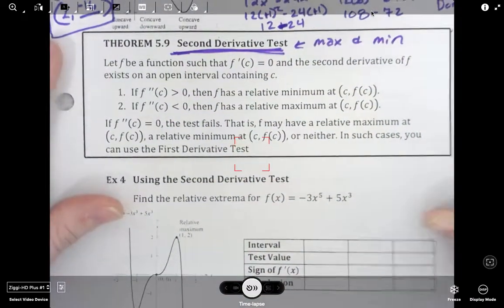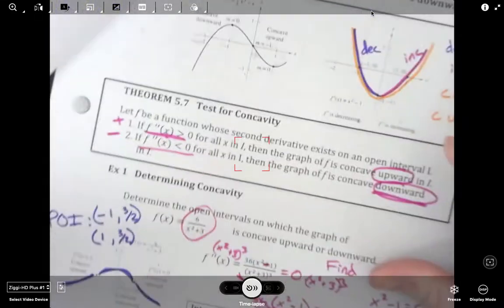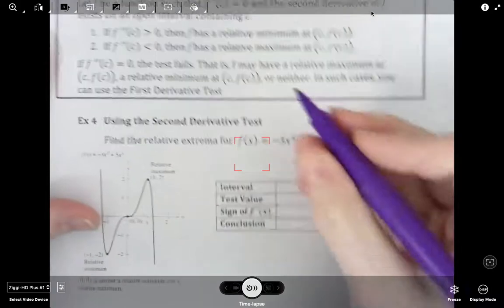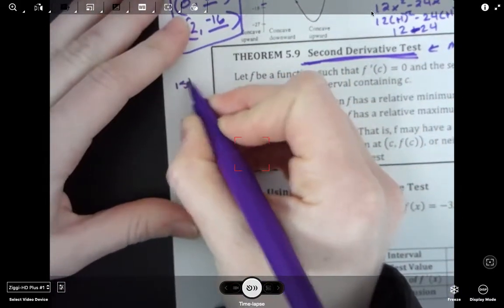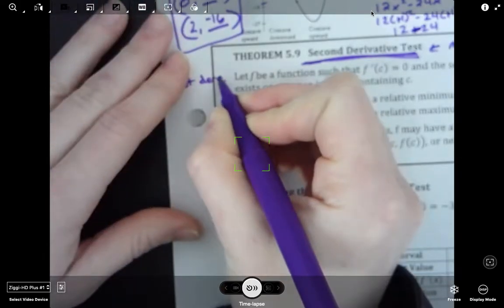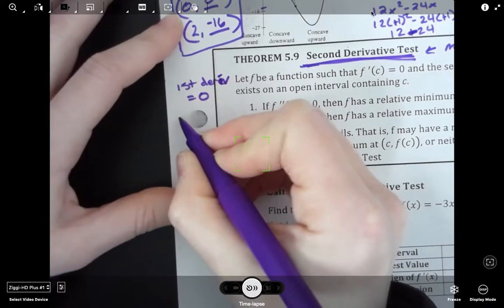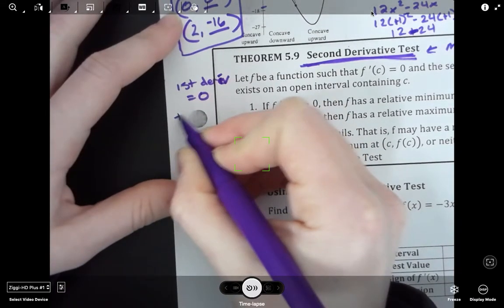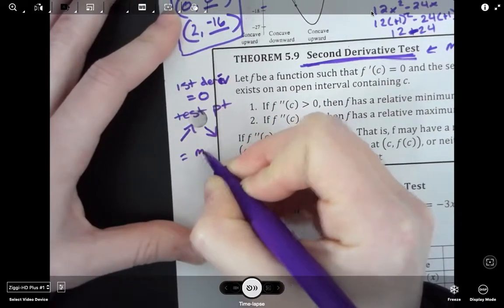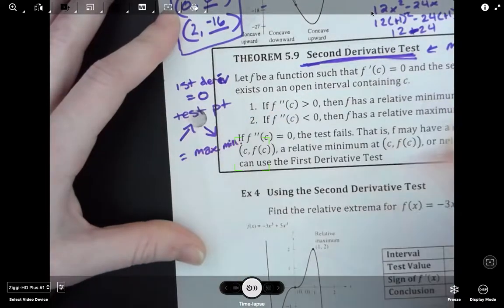Okay? So in the previous section, section 5.3, we would do the first derivative, set it equal to 0 to get your critical numbers, and then plug in a test point, and then you would find increasing, decreasing, and then you would get maxes and mins, judging from where it was increasing and where it was decreasing.